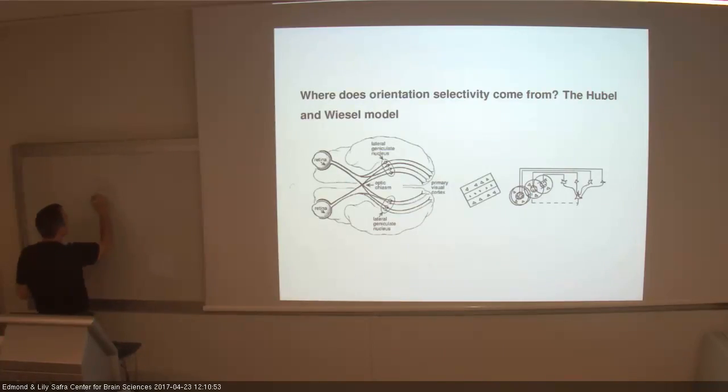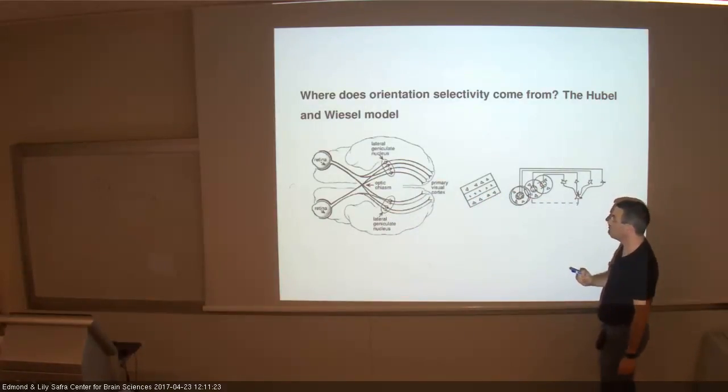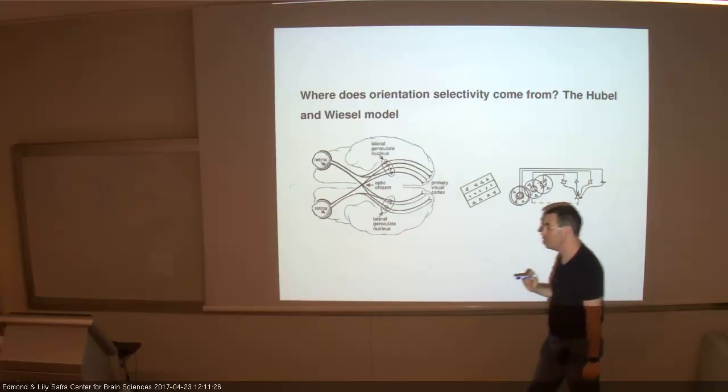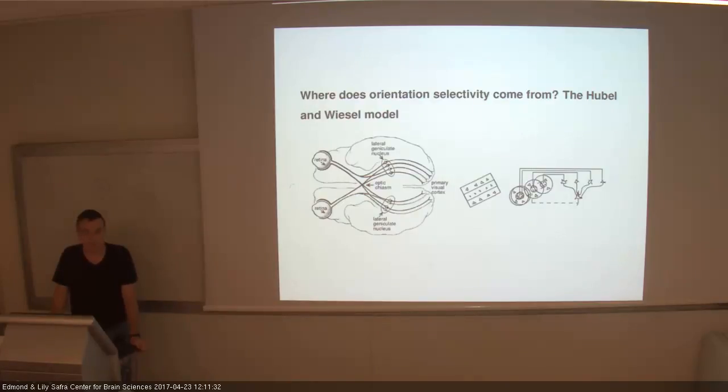Let's say that you have three such neurons whose receptive fields correspond to input in these regions in space, and they all project to the same neuron under certain conditions. This neuron will be selective to this orientation, but will not be selective to this orientation. So the idea of Hubel and Wiesel was that the structure of the feed-forward connections from the LGN to the primary visual cortex underlies the emergence of selectivity in the primary visual cortex.